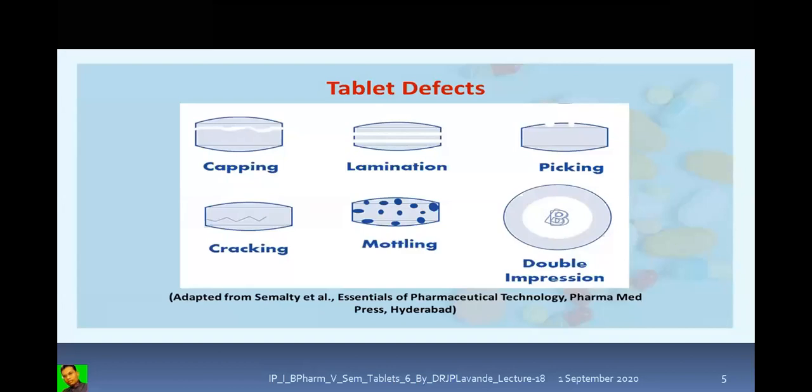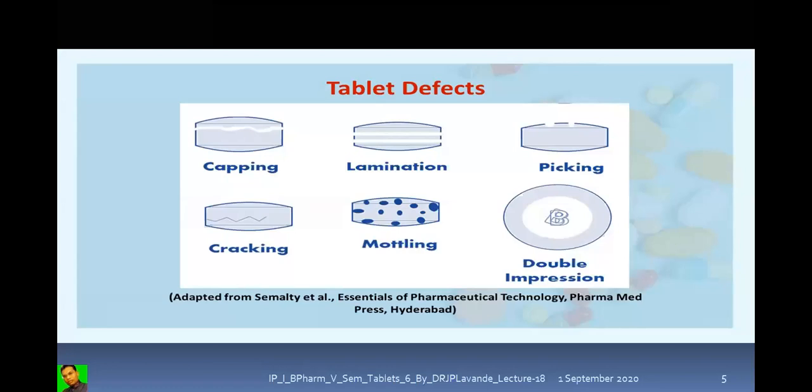That might be because of the entrapment of air, the speed of compression, incorrect humidity, or high compaction. So there are a number of reasons that lead to these different tablet defects.